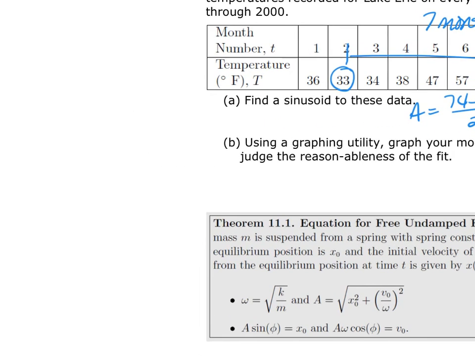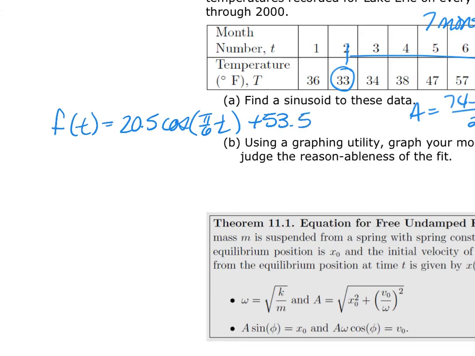So we're going to write this as f of t is equal to 20.5 cosine of, what was my omega? Pi over 6 t. And I'm choosing to start in the summer months, plus 53.5. And that's what I've decided my graph would look like if I start in the summer months.